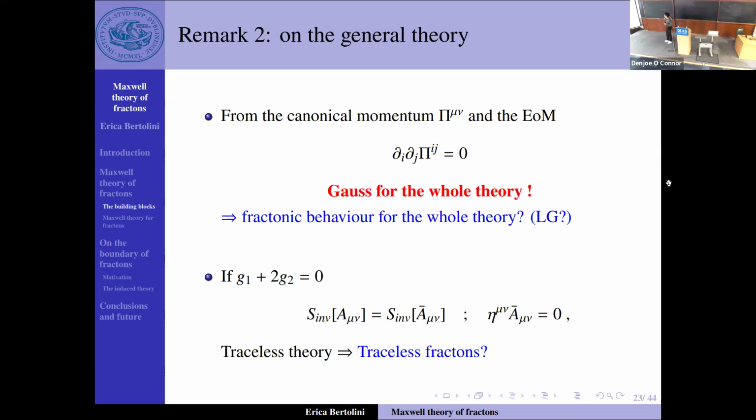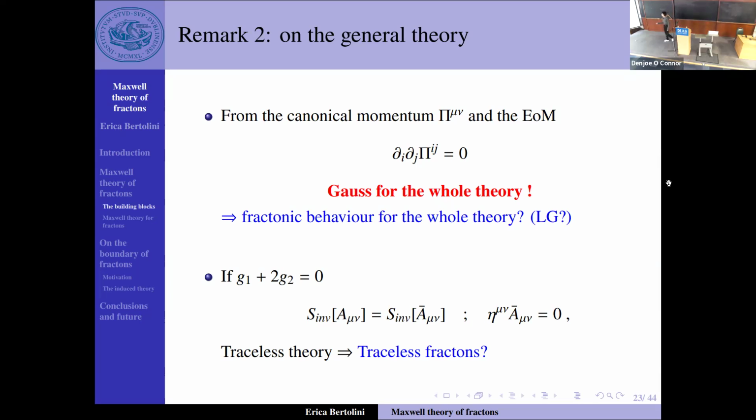So going back to more serious things, one can compute the equations of motion of the full action and the canonical momentum of the theory, which in Maxwell theory is the electric field. We get that for the whole theory, so also for linearized gravity, we have a Gauss-like constraint. If we stick to the fact that this Gauss-like constraint gives an immobility constraint, it's true that we are dealing with a fracton model.